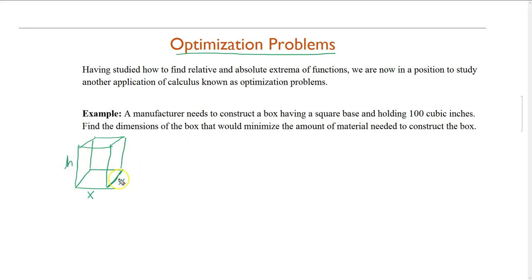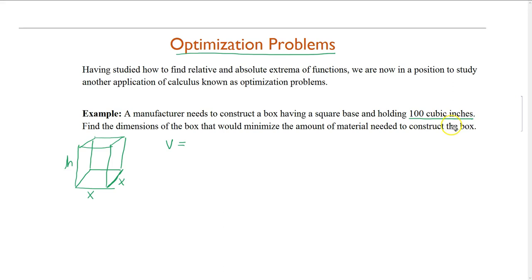So we drew a picture, we labeled unknown variables. Now we need to come up with an equation that relates the amount of material needed to construct the box to these variables. So what are some equations that relate to this box? Well, we have a volume equation, and that's going to be good to use because you notice in the problem it says the box is supposed to hold 100 cubic inches.